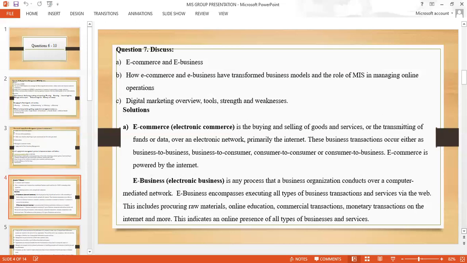E-business is any process that a business organization conducts over a computer-mediated network. E-business encompasses executing types of business transactions and services via the web. This includes procuring raw materials, online education, commercial transactions, monetary transactions on the internet, and more.